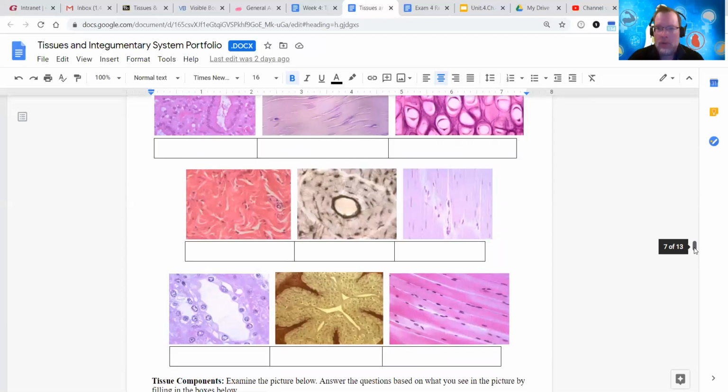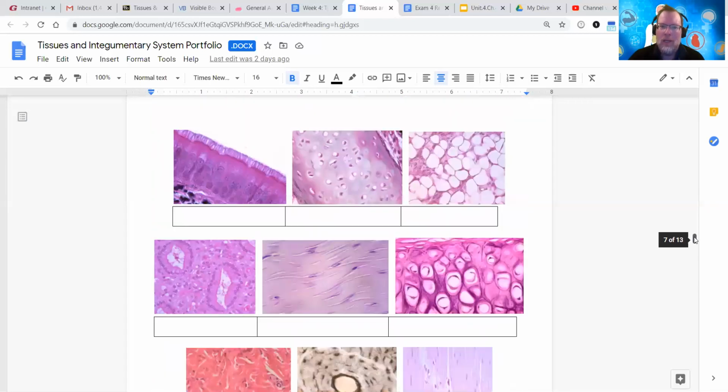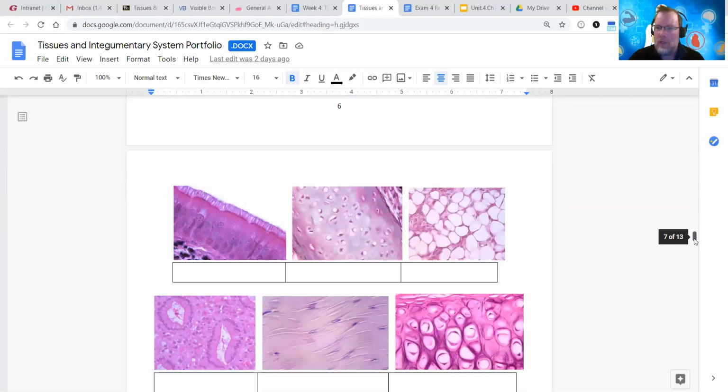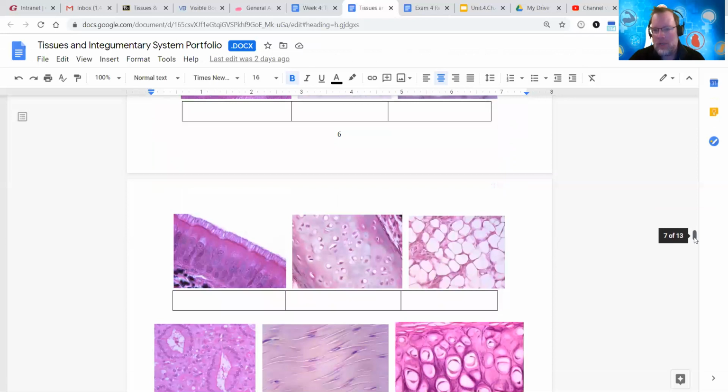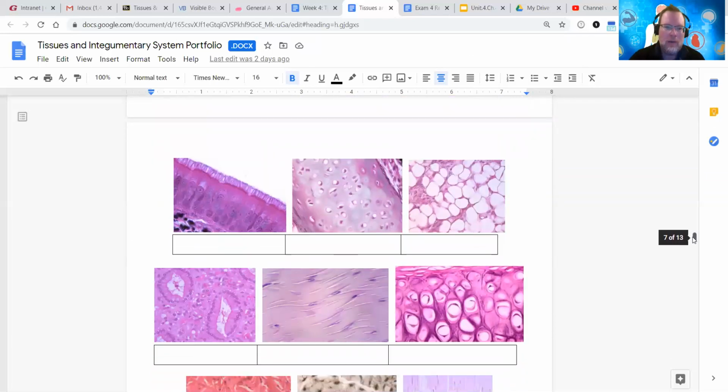There will be a couple where you're maybe a little bit torn between a couple of things, and that's how tissues and microscopes work. In face-to-face, we have the microscopes out, and you look at them that way as well as viewing slides. Whenever you see these cilia and goblet cells and a mishmash of nuclei, this is going to be that pseudostratified epithelium.